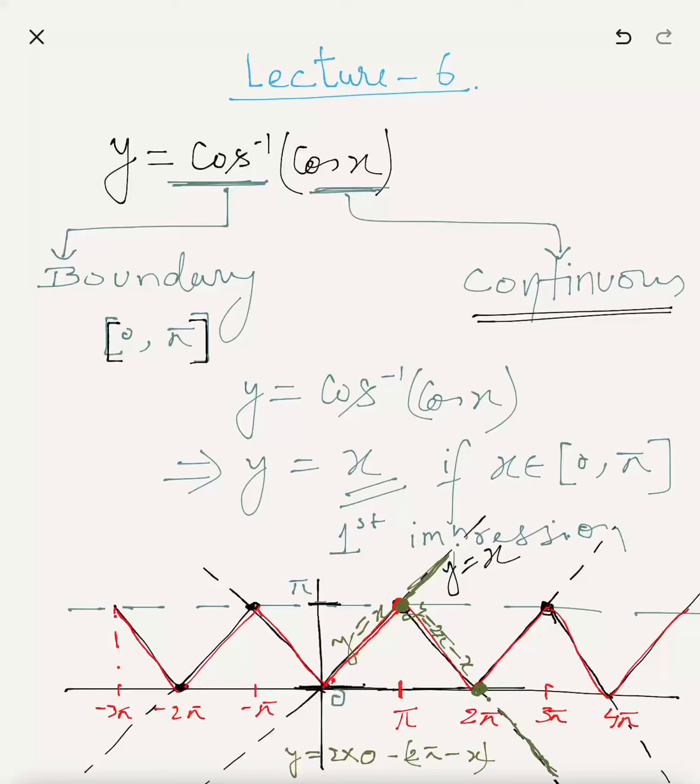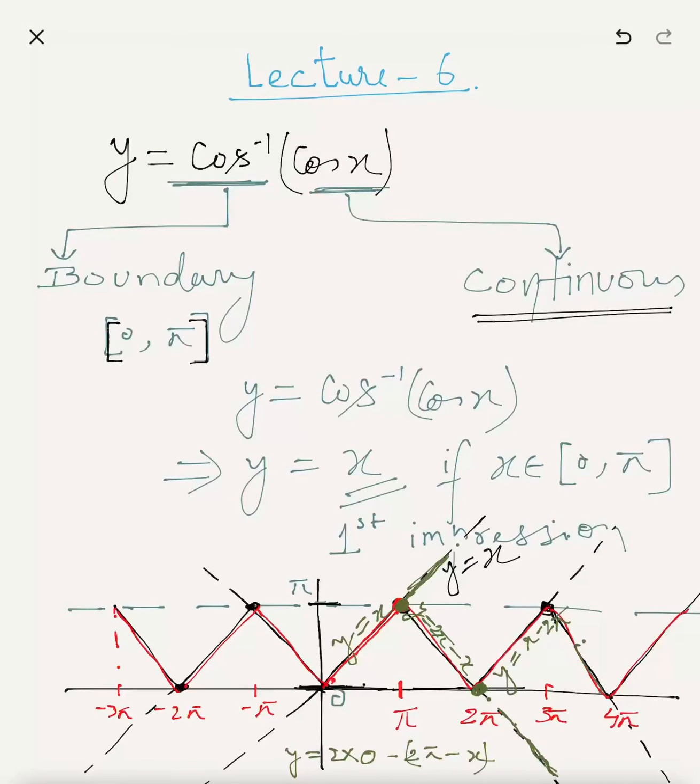Your graph now will be 2 pi minus x. So when you solve it, what you will get? x minus 2 pi. So the equation of this line will be y equals x minus 2 pi. And in the same fashion you can find the equation of this branch.